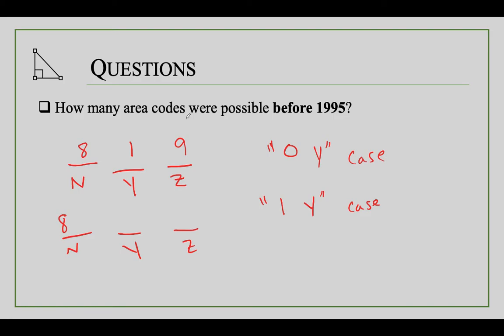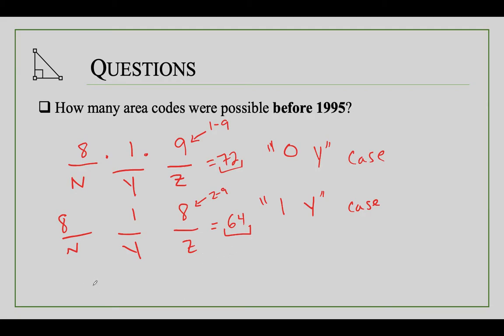Okay, because that one I had options 1 through 9, and then this one is 8 because it's 2 through 9. I had one option for Y. So I'm going to multiply these, and I get 72 combos for my 0Y case, and here I get 64 combos for my case where Y is 1.